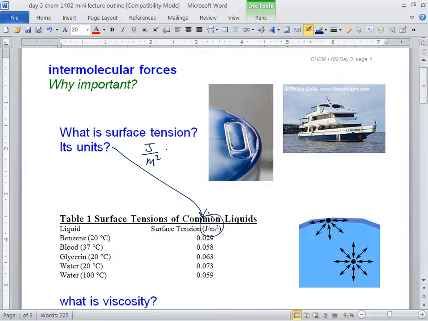You're physically trying to stretch a liquid, the surface. It takes energy. It takes energy to stretch the surface of a liquid. So you can actually measure this energy. They've got these instruments, and they figured these things out. And here's some plotted out, right, for different solvents. There's their surface tension. It takes energy to stretch things.